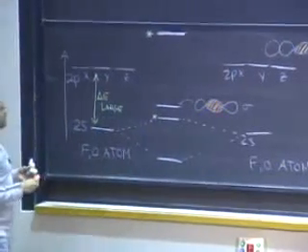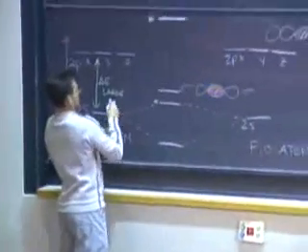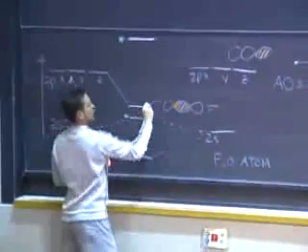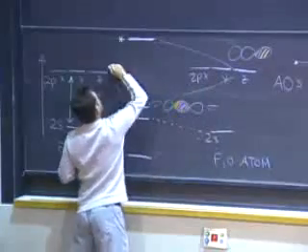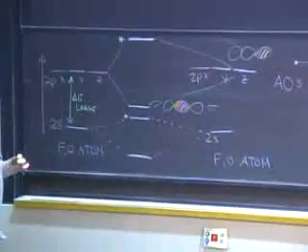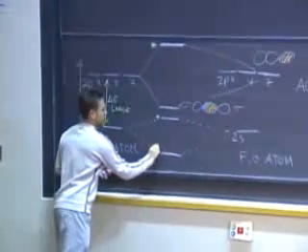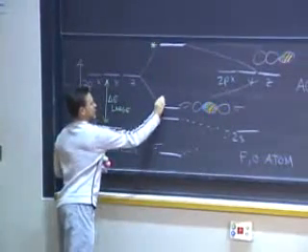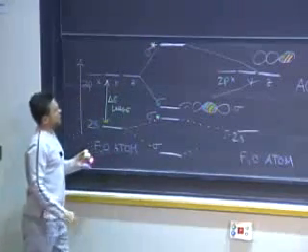Right there. So far I've got two pairwise combinations that give us two sigma bonding orbitals and two sigma star orbitals, anti-bonding orbitals.